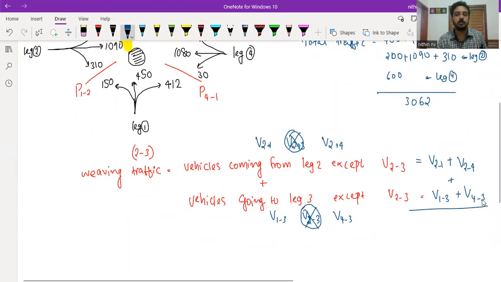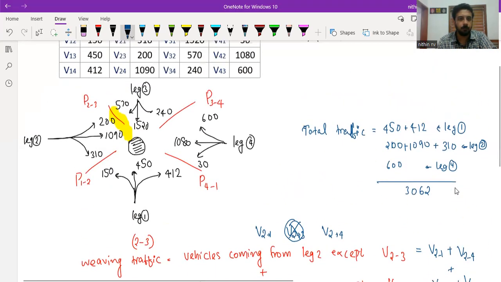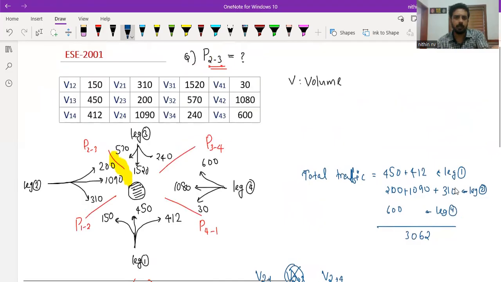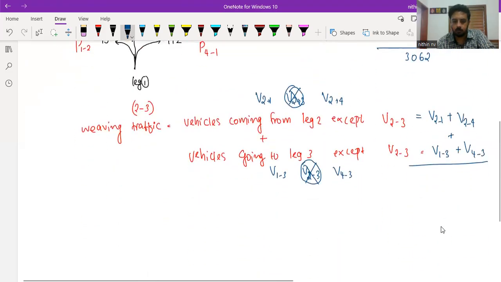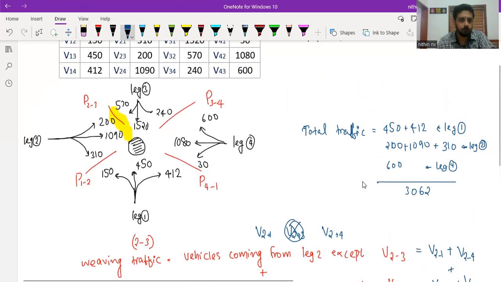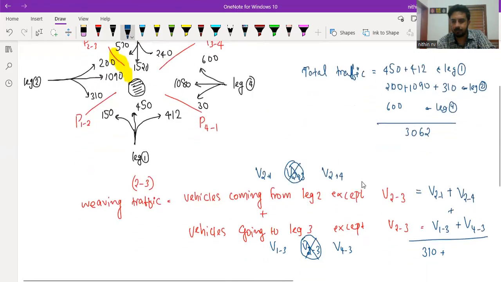Once you are adding all these things, what are we going to get? 2-1, how much is 2-1? Either we can take it from the table or from the picture I have drawn. So 2-1 is 310. Then 2-4, how much is 2-4? From 2 to 4, 1090, right?